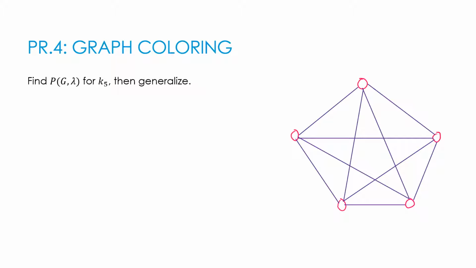So we'll start by saying this guy could be lambda different colors, but this guy could be lambda minus 1, because whatever color I choose here, I can't choose for this guy. And this guy can be lambda minus whatever color I chose here and whatever color I chose here, so lambda minus 2. That pattern continues, lambda minus 3, lambda minus 4. So I found it for K5.